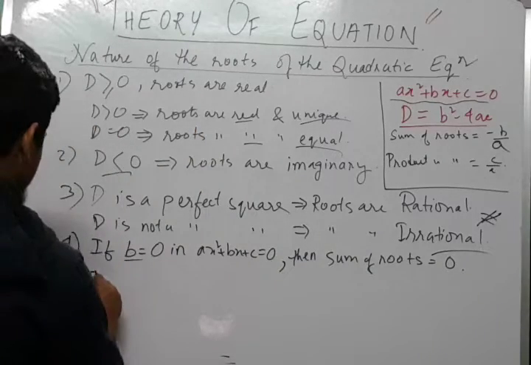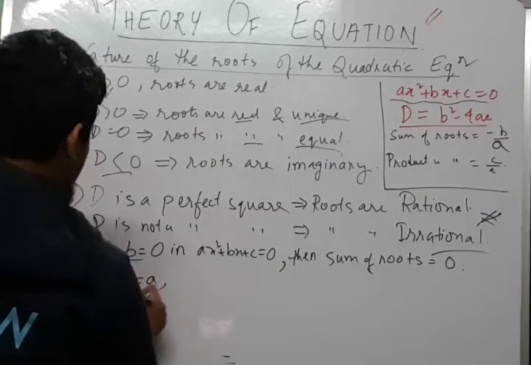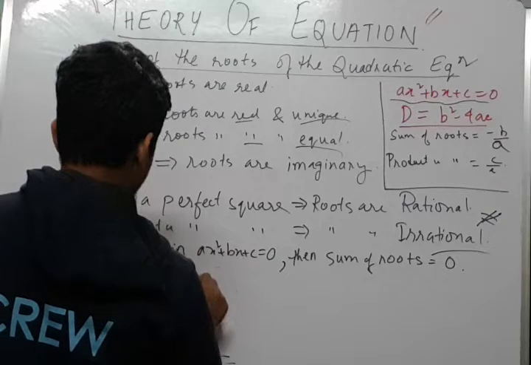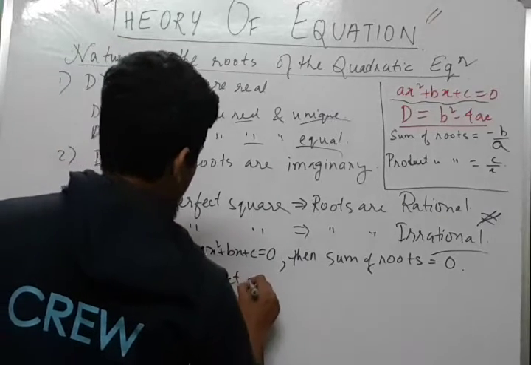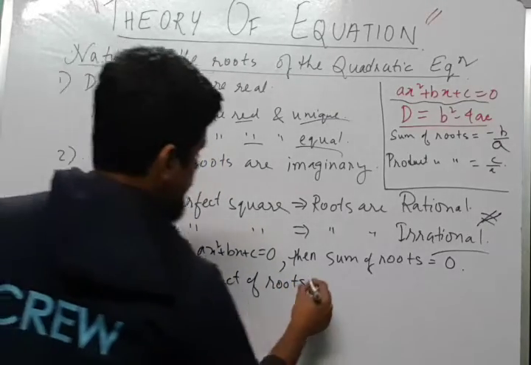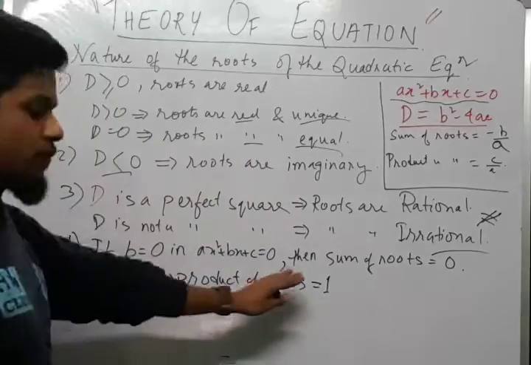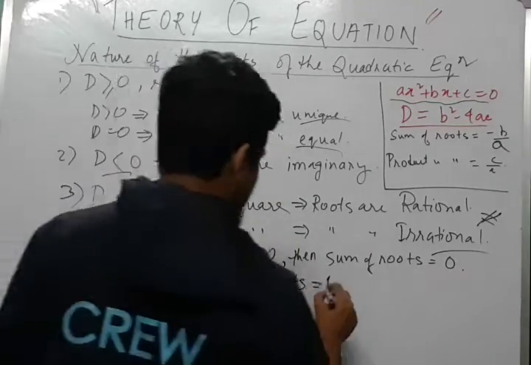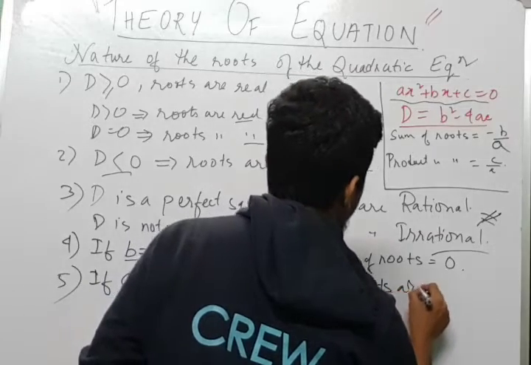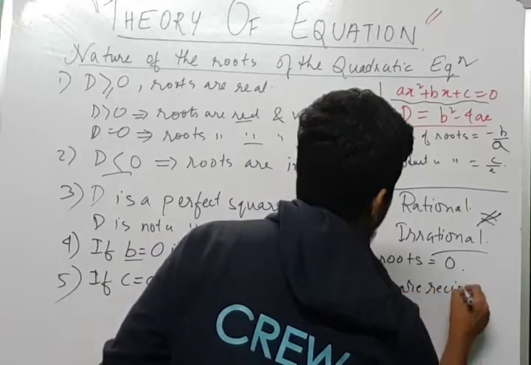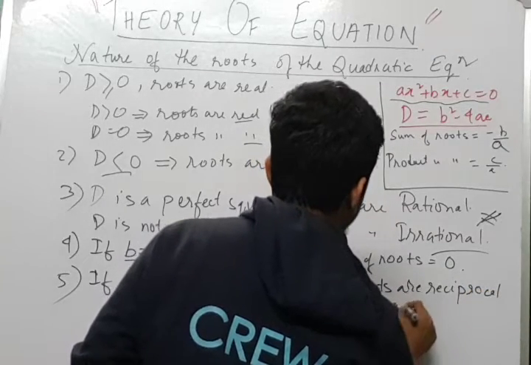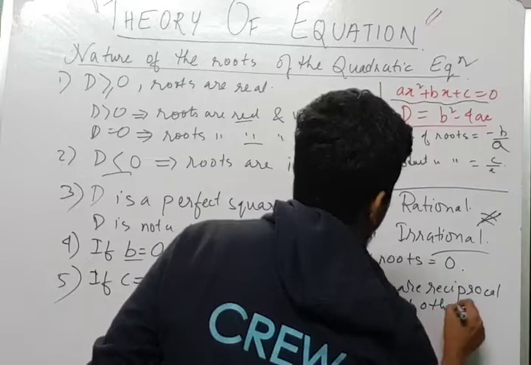So if c is equal to a, in that case we get that the product of roots is equal to 1, and that means that basically the roots are reciprocal to each other. So this is the condition that we get.